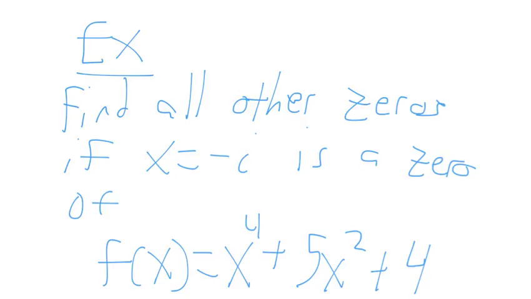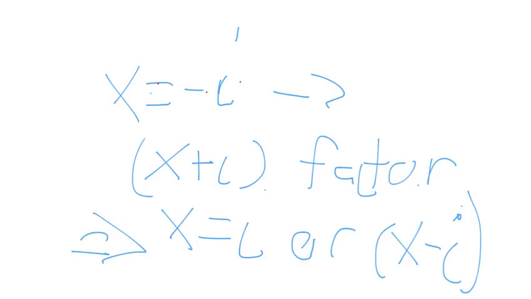Alright, here's an example. Find all other zeros if x equals negative i is a 0 of this function, x to the fourth plus 5x squared plus 4. If x equals negative i is a 0, then that means x plus i is a factor. And both of these imply that x equals positive i is also a 0 by the conjugate zeros theorem, or that x minus i is a factor.